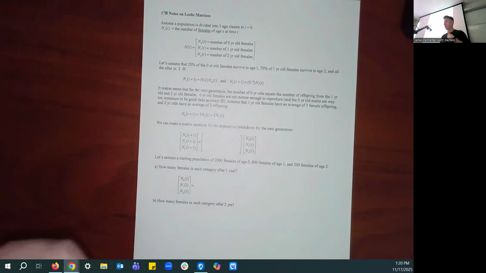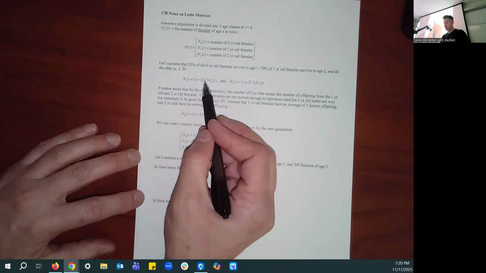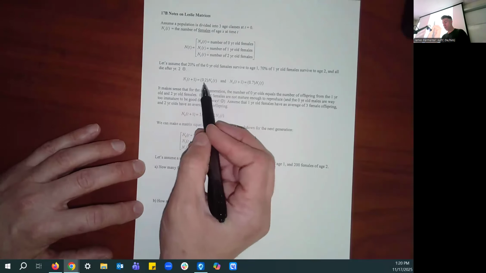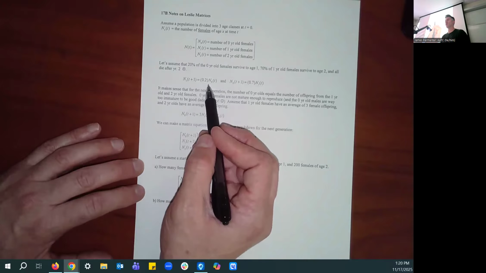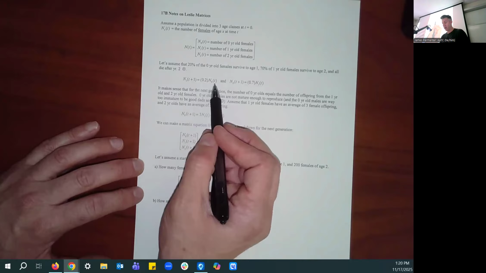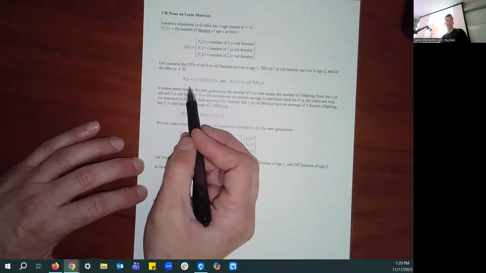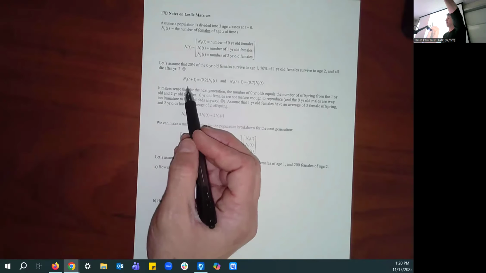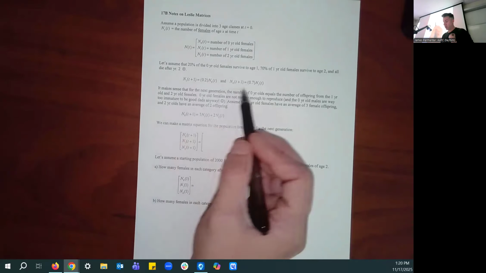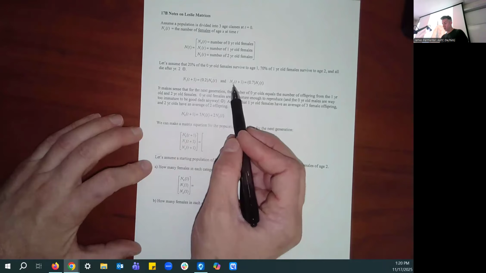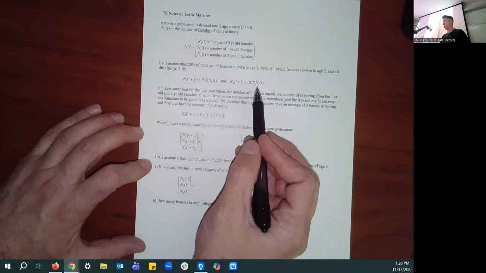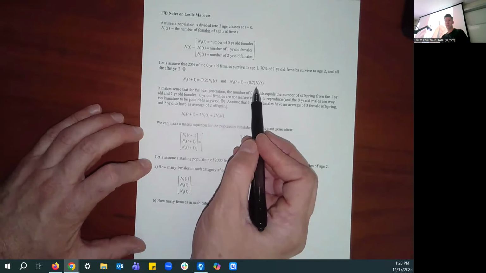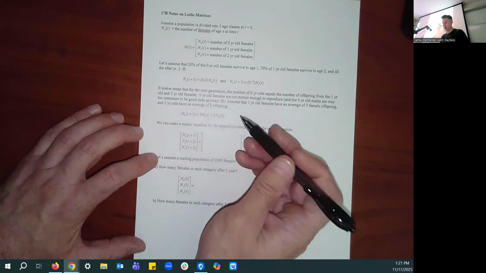So here are the equations relating this for us. 20% of 0-year-olds survive, so 0.2 times the number of 0-year-olds at time t become 1-year-olds next year because 20% of them survive to the next iteration. Similarly, the number of 2-year-olds next year is 0.7 times the number of 1-year-olds this year. And you don't really need to write it, but we could.